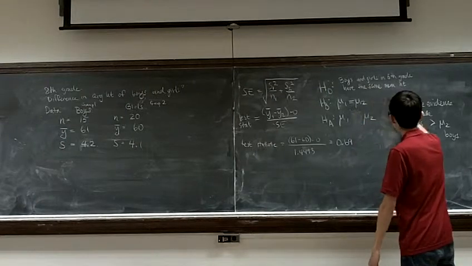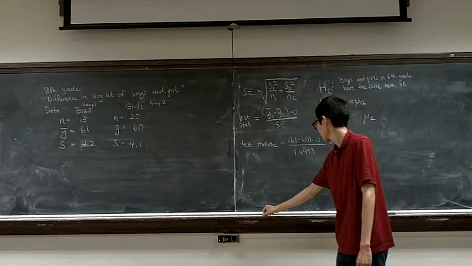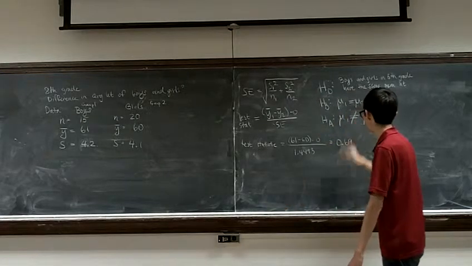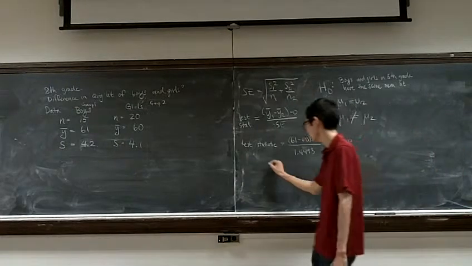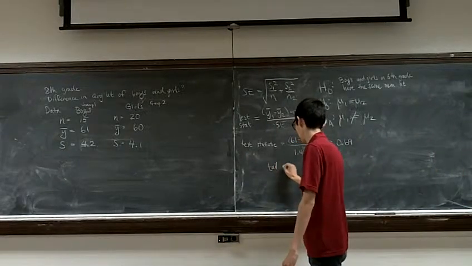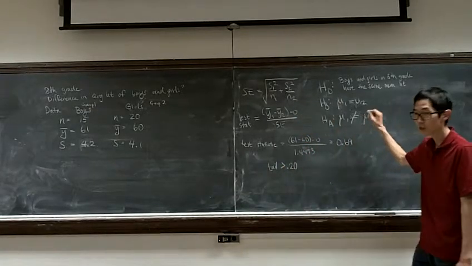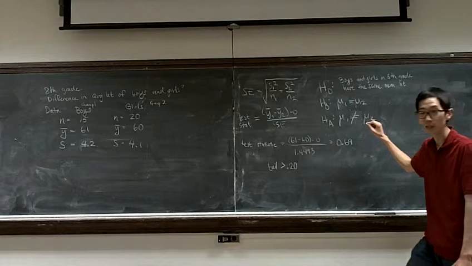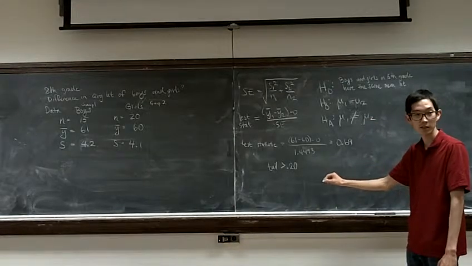If in the last situation I put a not equal sign there, what would my p-value become? So my tail is over 20%. Here, because my alternative has a not equal sign, I have to double my tail area to get my p-value.